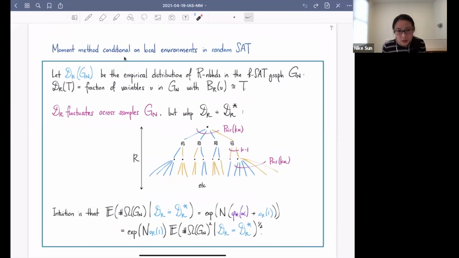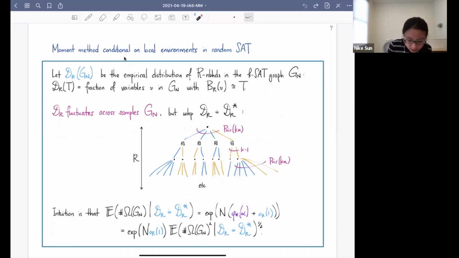Okay, so in random KSAT, one thing that you can do is try to condition out this source of extra randomness. So the idea is to do the following. Let this D sub R be the empirical distribution of local neighborhoods in the graph.